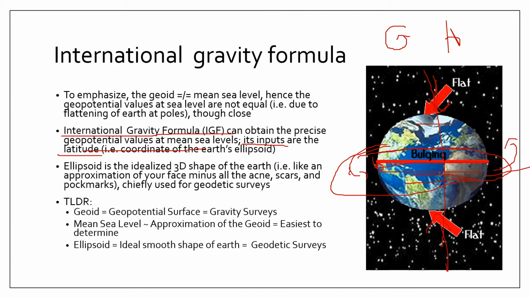At the South Pole, we are at negative 90 degrees, or 90 degrees latitude. So all you need to input in the IGF is latitude, and from there you can obtain the ideal gravitational acceleration at mean sea level.